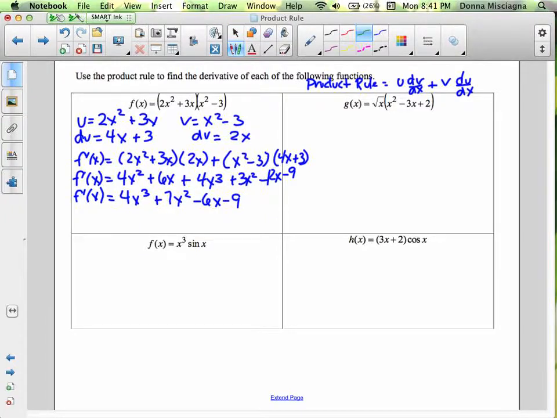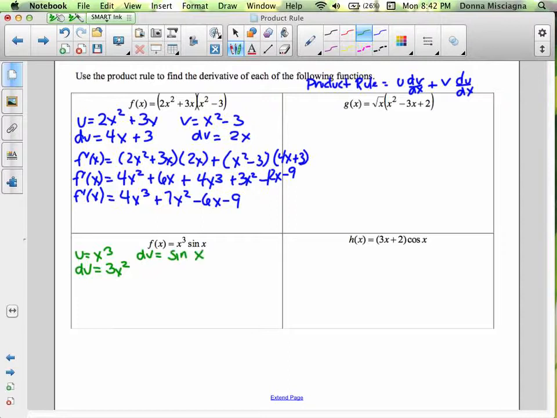I'm going to work my way down. All right, so u is the x cubed. I think I can move down a little bit. Derivative of that is 3x squared. And then our second term is sine x.